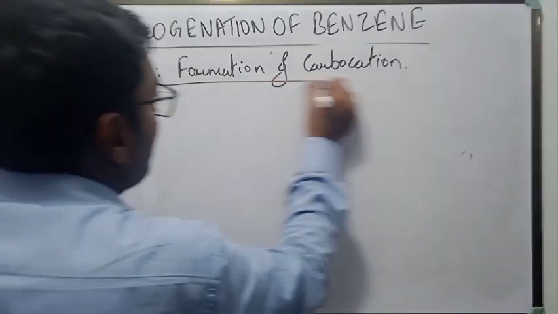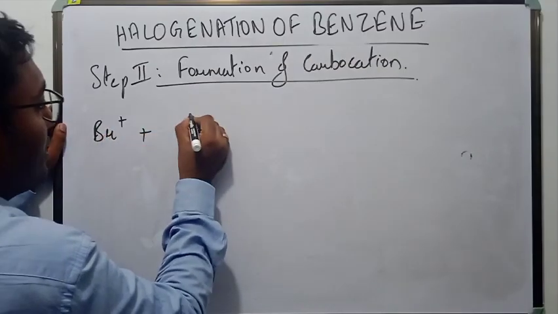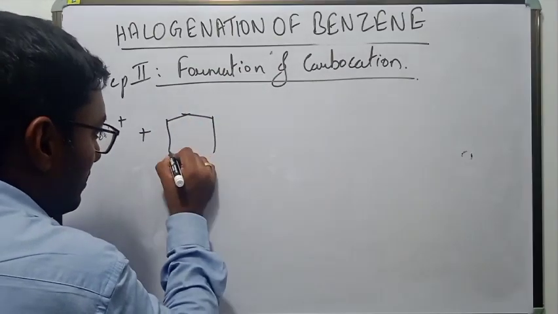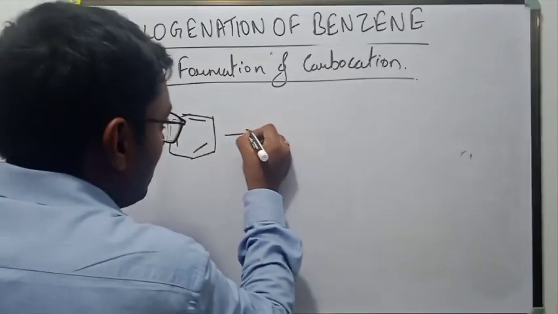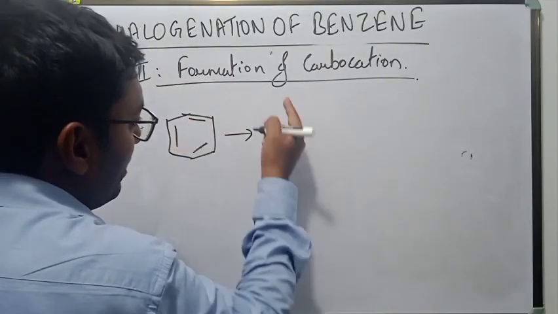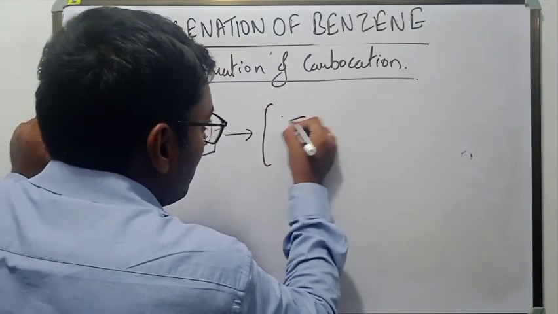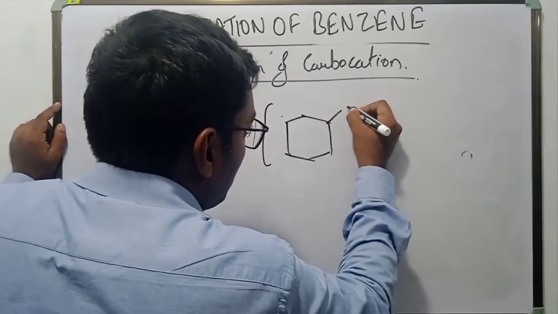So we have Br plus here and it attacks the benzene ring. I'm going to draw the bond here. Suppose it attacks at this position, it takes this electron pair. So we get something here, one H is there.